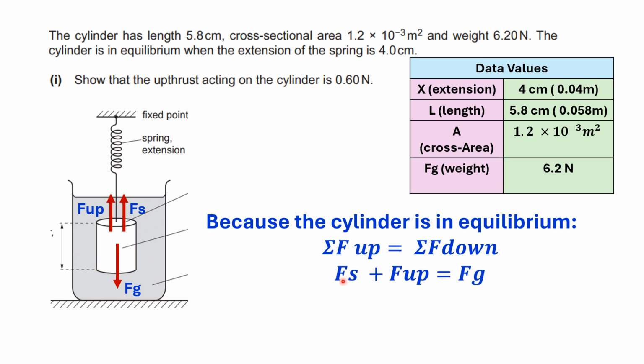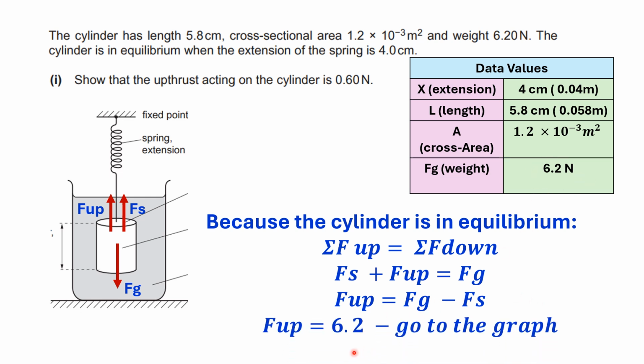So here we have Fs plus F up equals Fg. Rearranging for the upthrust force, we have Fg minus Fs. The value of Fg was given as 6.2, but we don't have the value of the spring force when the extension is 4 centimeters, so we need to go to the graph.